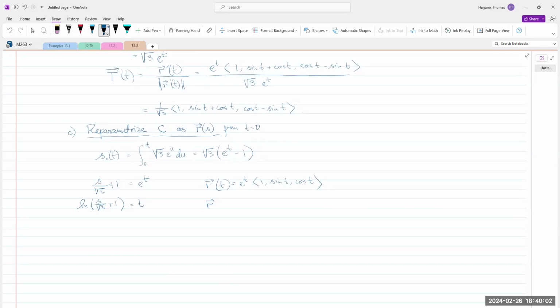Now, so R(s) will be s over square root of 3 plus 1, that's for e to the t, times (1, sine of natural log of s over square root of 3 plus 1, cosine of natural log of s over square root of 3 plus 1). Once you tell me how far you have traveled, then I can tell you where you are located.